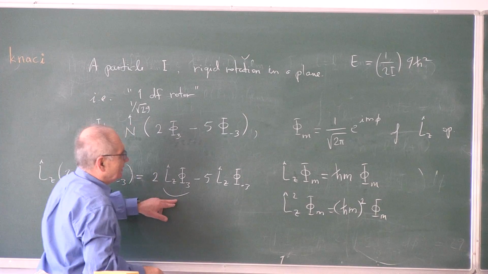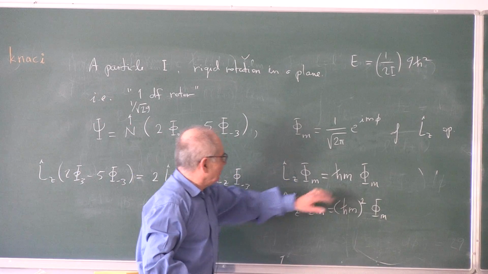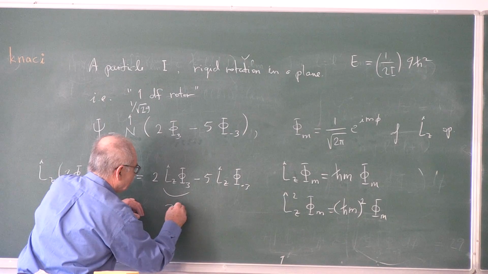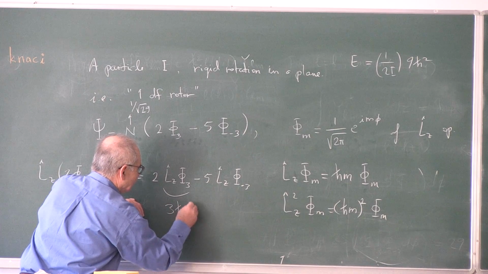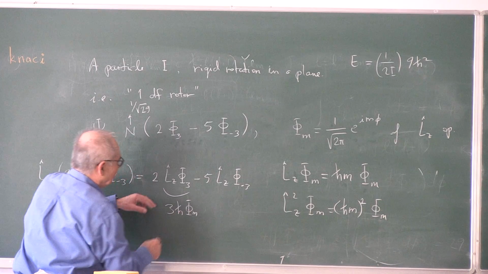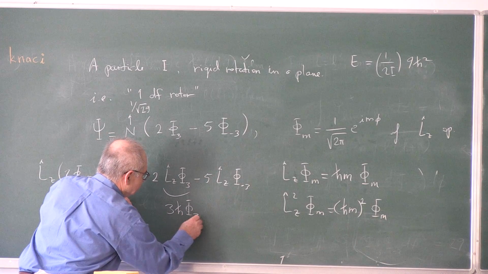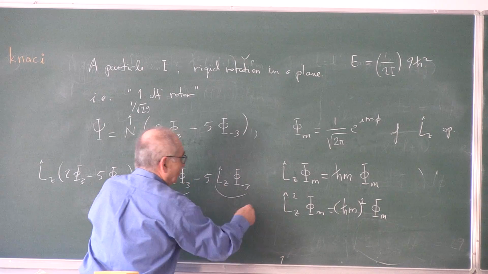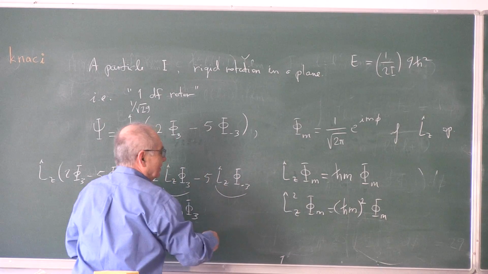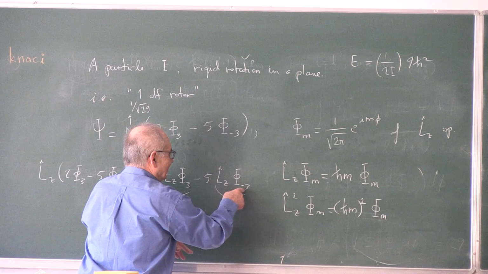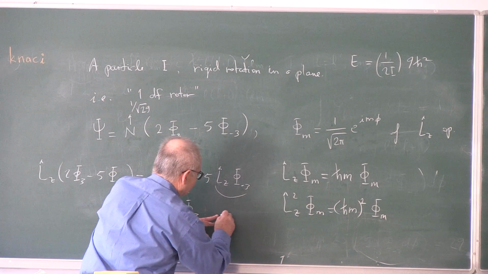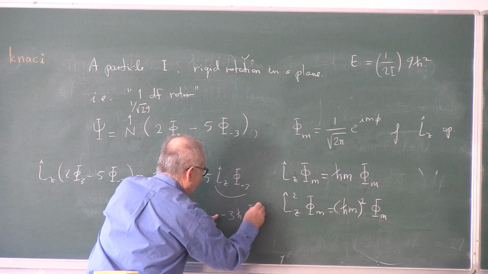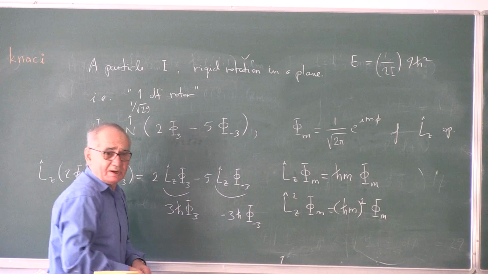Now this one we can replace using the relation here. M is 3, so this is 3 times h bar times the function phi 3. This one also uses the same property, but this time m is minus 3. Minus 3 times h bar times phi minus 3.